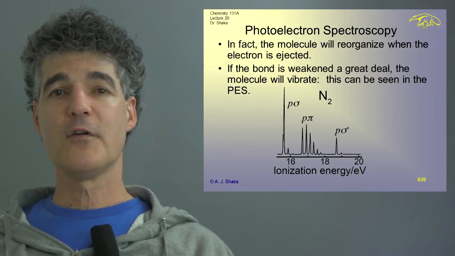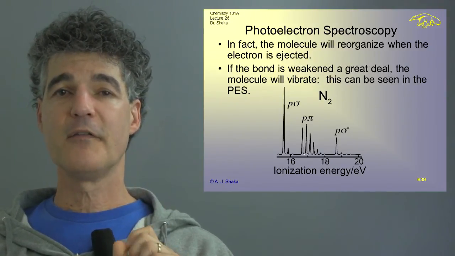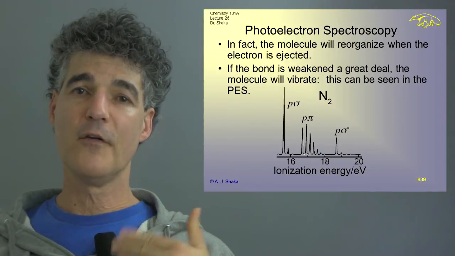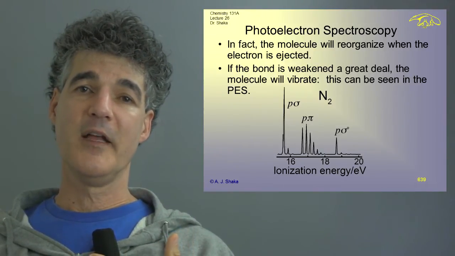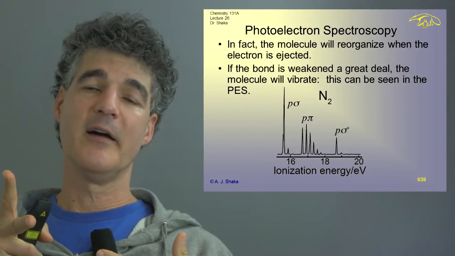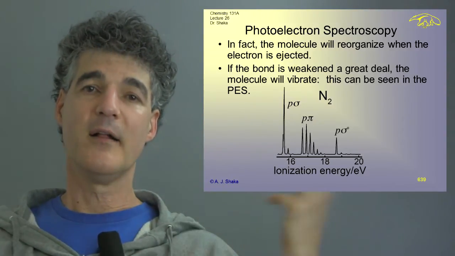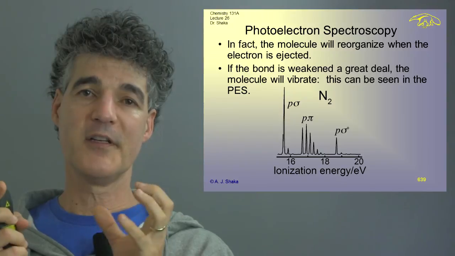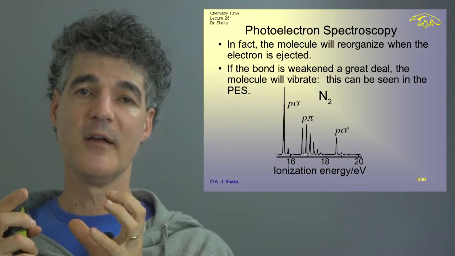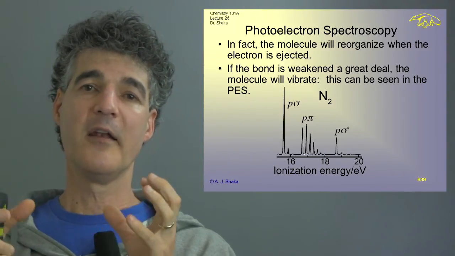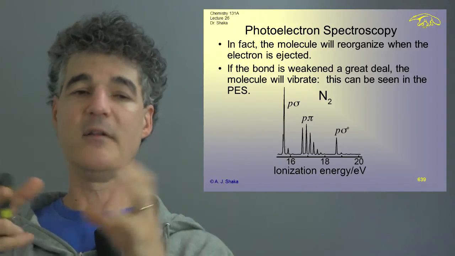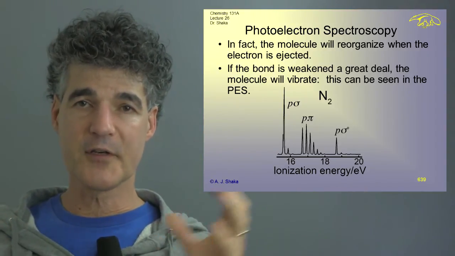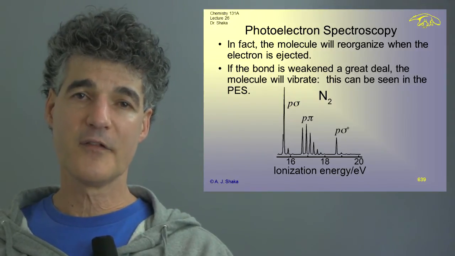In fact though, when you eject an electron, if that electron was involved in bonding, then it's like cutting a spring. The thing goes wild because it was held very tightly when the electron was there. Now the electron's gone and it's held with a much looser spring and it's way too tight and it starts going into vibration, and we can see that in the spectrum.